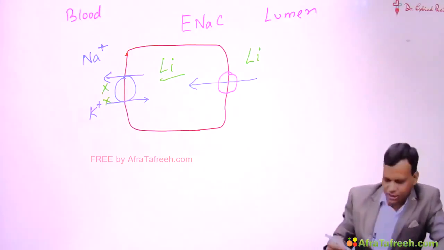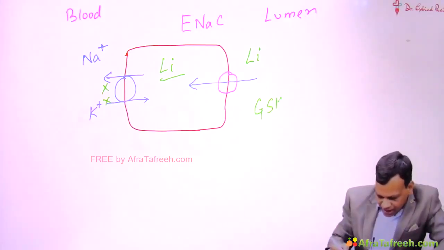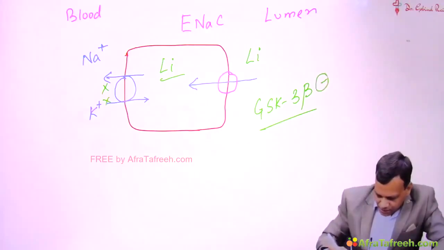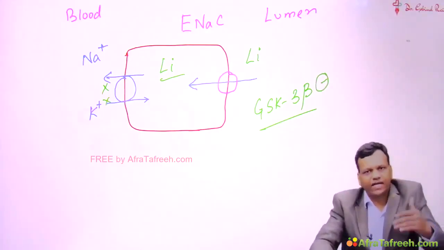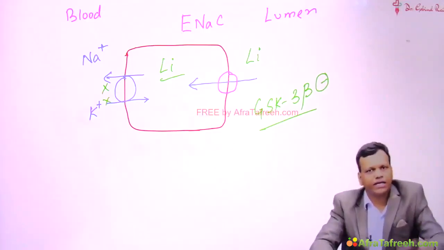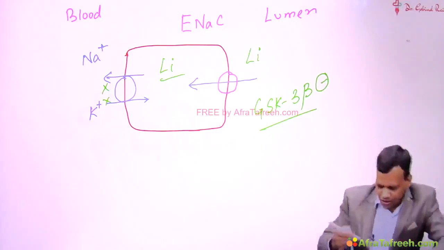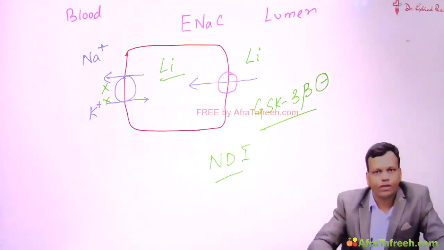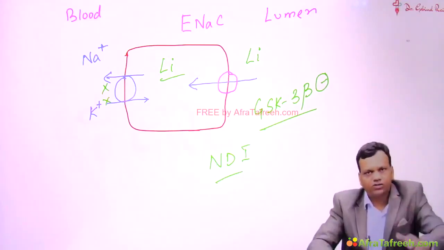Now after accumulation, lithium inhibits an enzyme called glycogen synthase kinase 3 beta. When this enzyme is inhibited, it results in decreased activity of vasopressin. When vasopressin is not able to work, it results in diabetes insipidus. So lithium can cause nephrogenic diabetes insipidus. Now, how can we stop this?